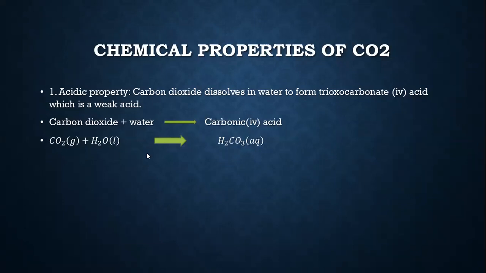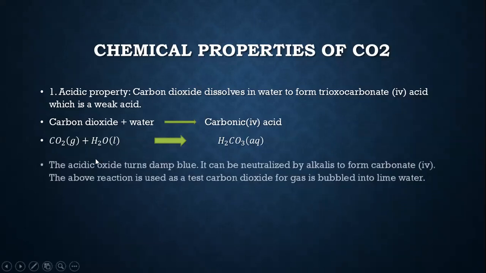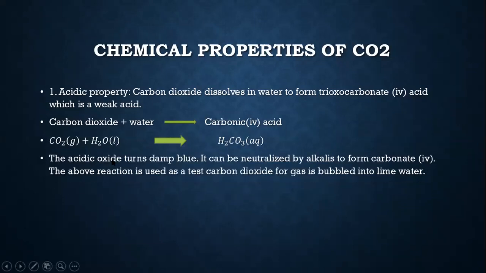Number 2, to continue on that, the acidic oxide turns damp blue litmus paper to red. And in addition, because it is now acidic, it can react or neutralize with any alkali to form a carbonate solution.